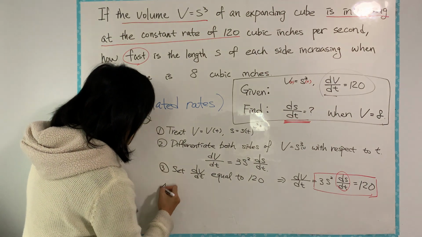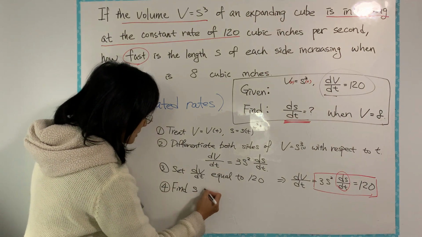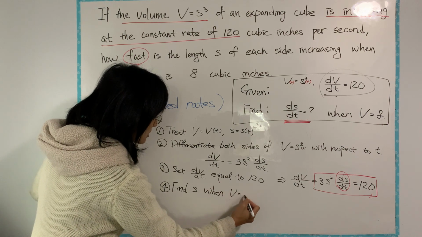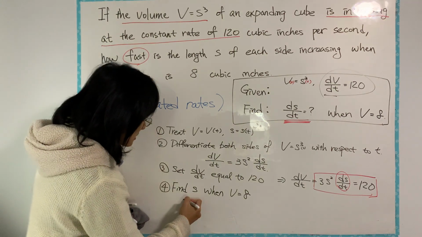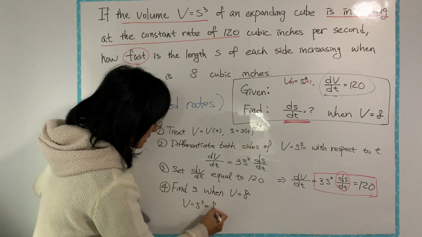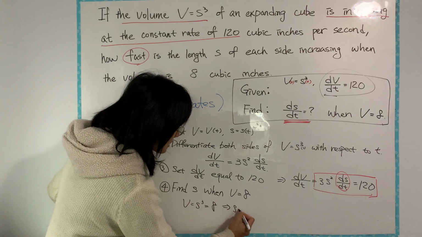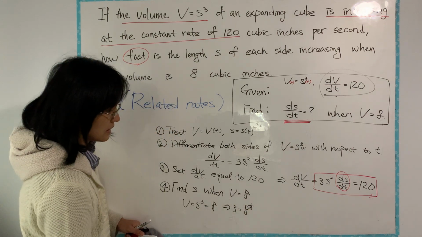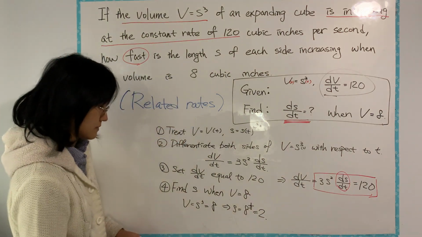So find S when V is equal to 8. Because V is equal to S cubed and this is equal to 8, this implies that S is equal to the cube root of 8, and that is equal to 2.